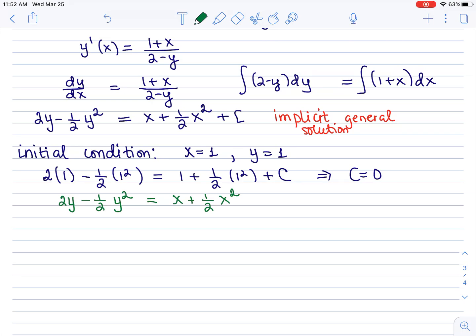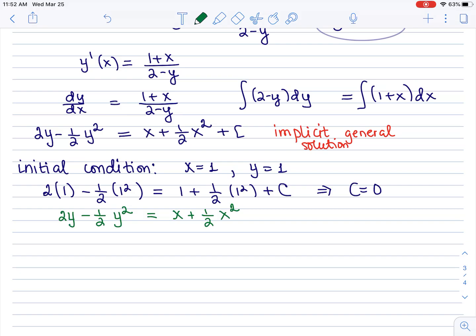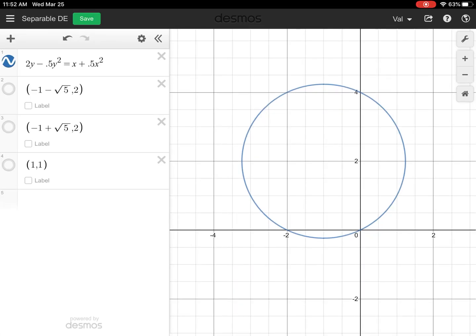So first let's go ahead and graph this. I'm going to use Desmos, and I already plugged this in, so you see that you get this circle. But a circle is not a function of y or x, right? So it doesn't pass the vertical line test. Remember, the solution to your differential equation is a function, so we need to determine which part of this circle is actually the solution.